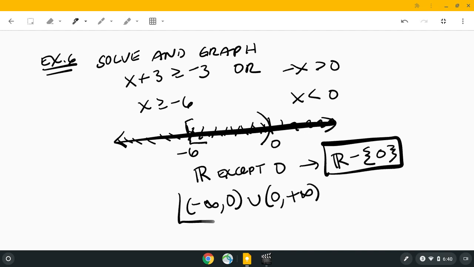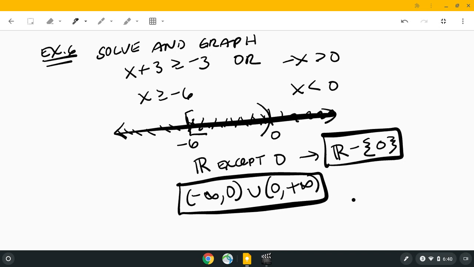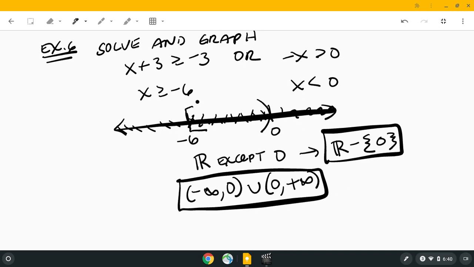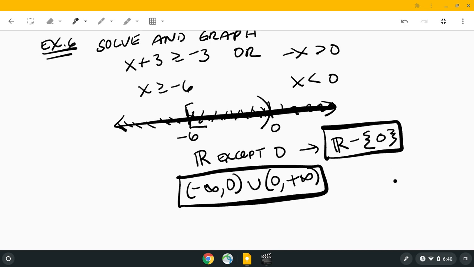This is also another way to write it where you exclude the 0. You include everything except 0, because it's saying everything, stop at 0, don't include it, and then starting from 0, everything. That's what this is doing. And again, you have to use the parentheses at that point of exclusion, 0. -6 is included, so it has the bracket.